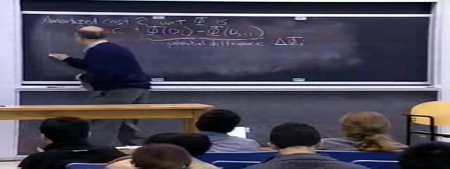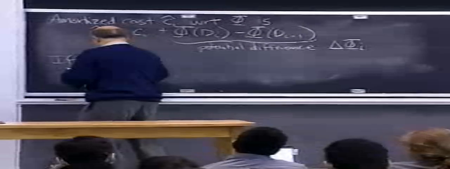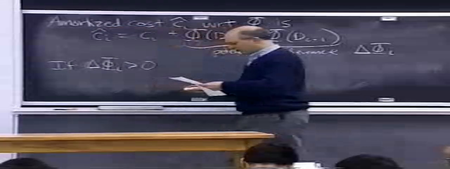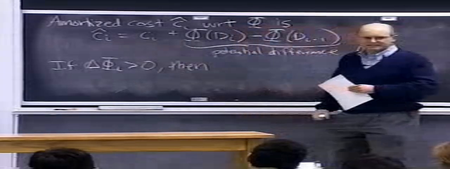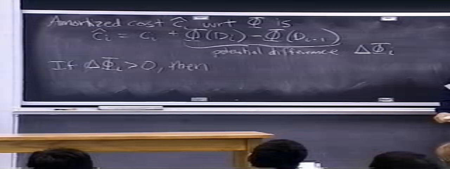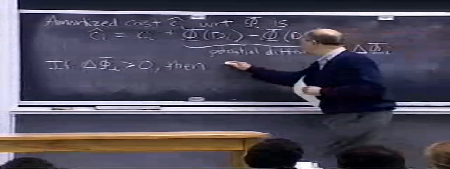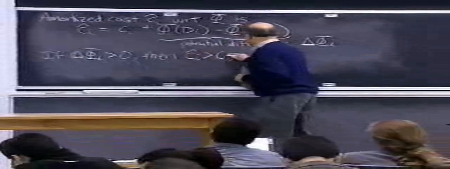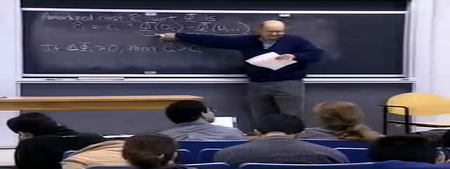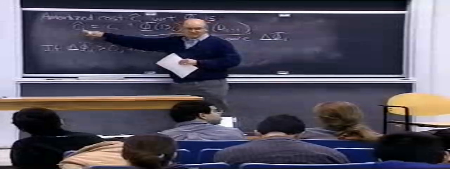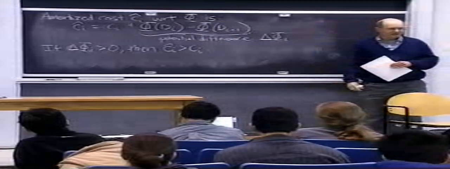So let's take a look at what this formula means to understand it a little bit. What happens if delta phi i is greater than 0? What does that imply about the relationship between ci and ci hat? Yeah. Ci hat is greater than ci. Why is that? Well, if this is greater than 0, then ci hat has got to be bigger than ci. So what does this mean when I do operation i?